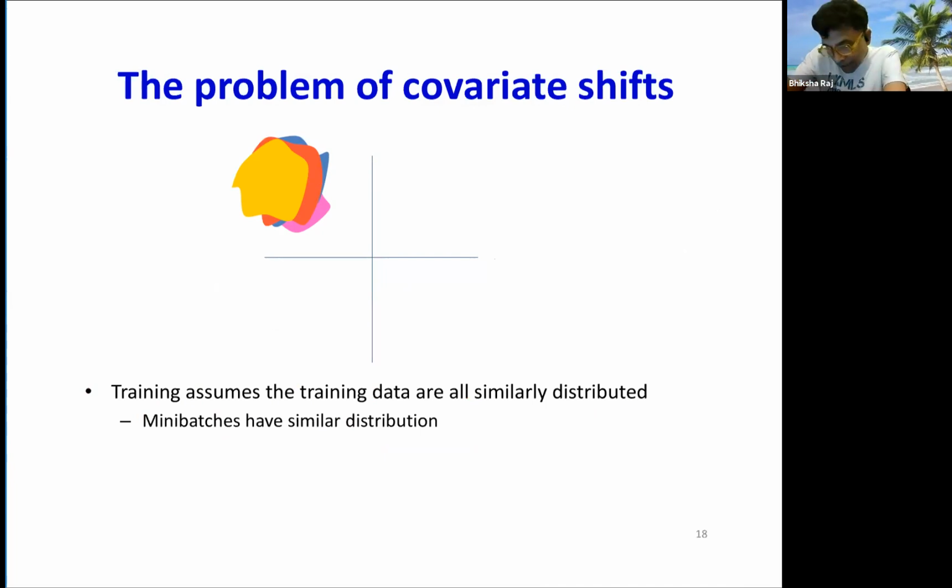So the assumption is that the distribution of the samples in the mini batch is more or less just like the distribution of the samples in the overall data. In this figure, each of the colored patches represents a mini batch, and the implicit assumption here is that all of these patches are going to be more or less in the same region of the space.